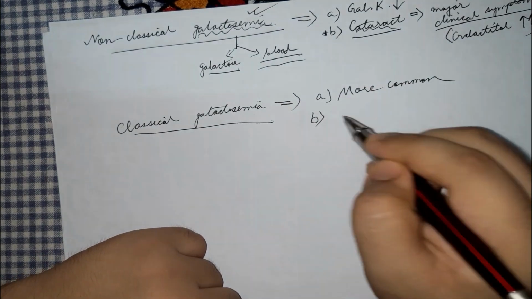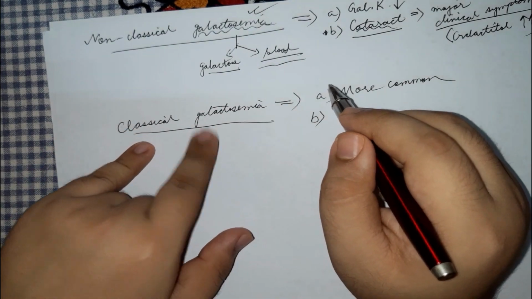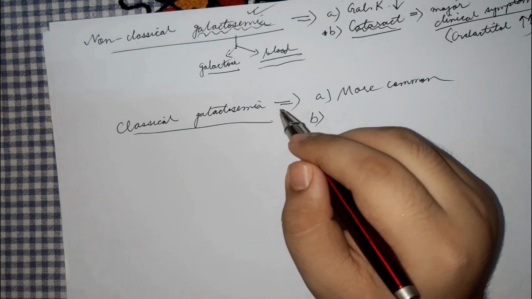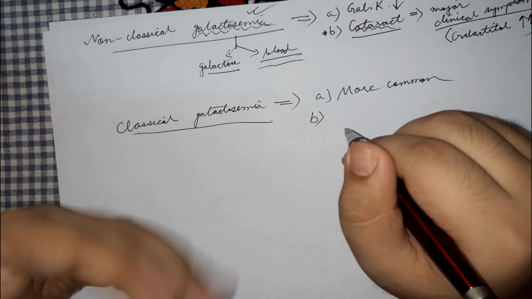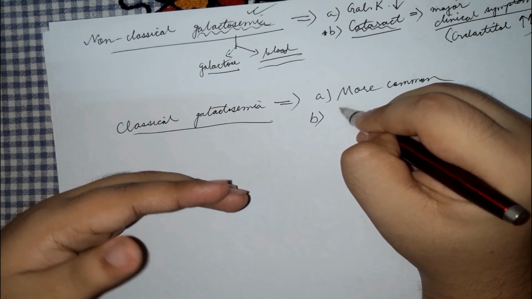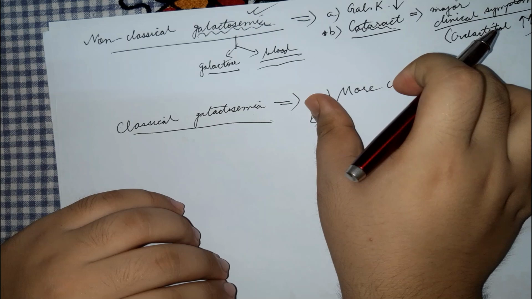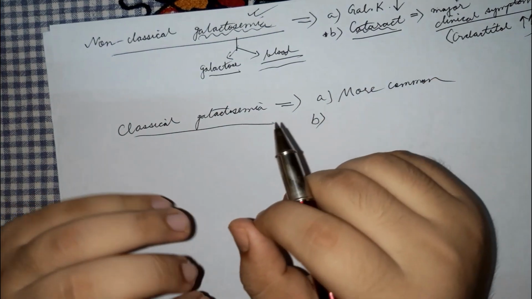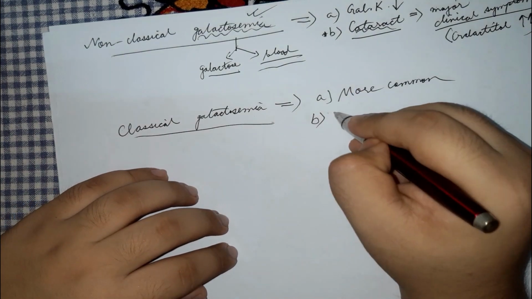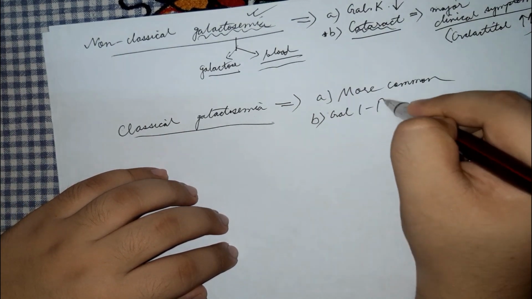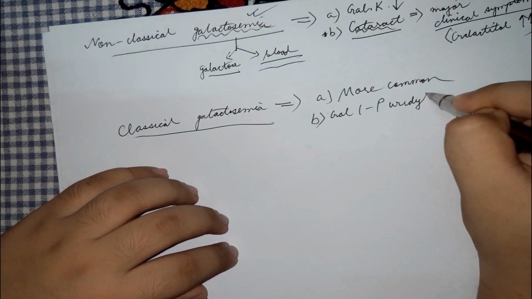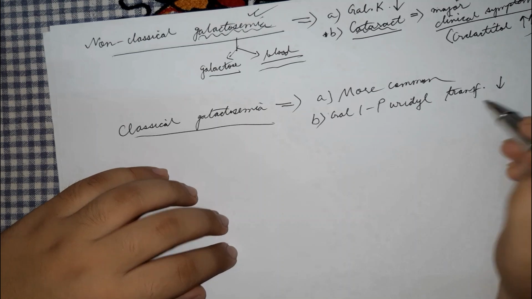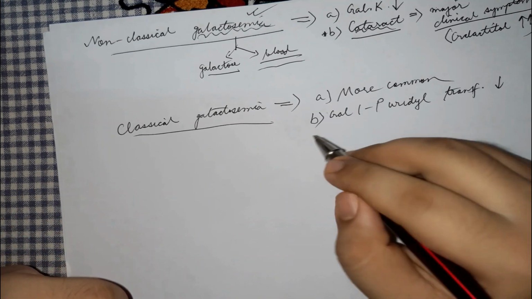And obviously, as I have mentioned before, how does classical galactosemia occur? Why does it occur, rather? It occurs due to enzyme deficiency. Which enzyme deficiency? As I have said, it was galactose 1-phosphate uridyl transferase, right? The deficiency of that. So galactose 1-phosphate uridyl transferase, its deficiency will lead to classical galactosemia.